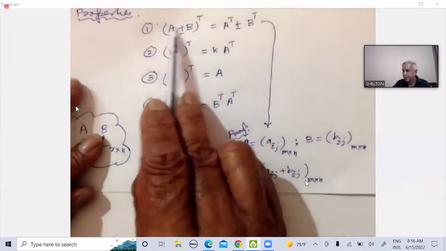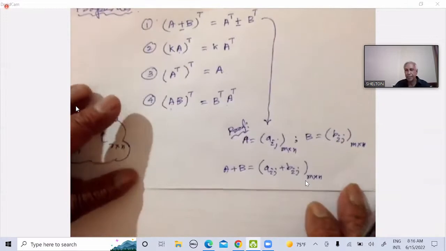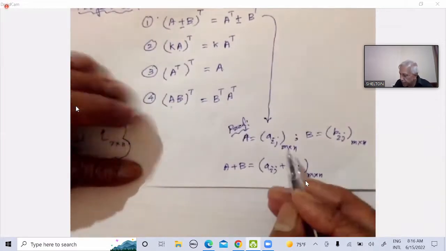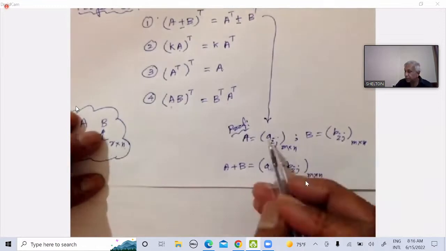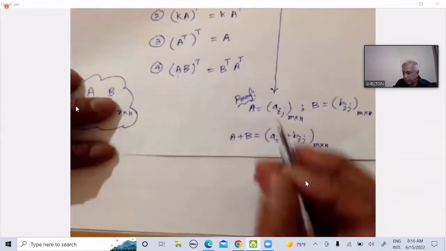Part 1, (A plus B) transpose. So A plus B is this. If A plus B is that, what is (A plus B) transpose? Now write all three transposes, then it will be clear.